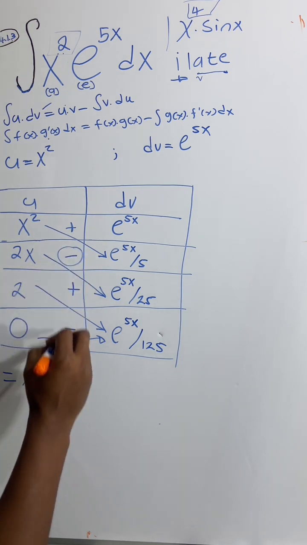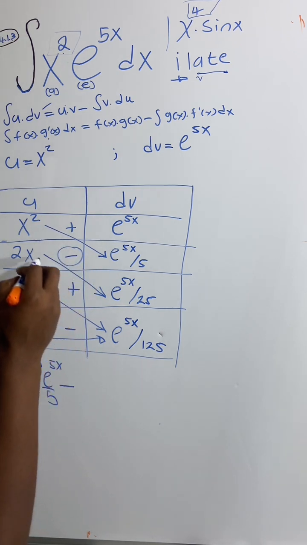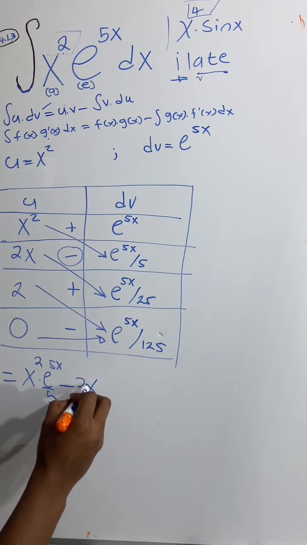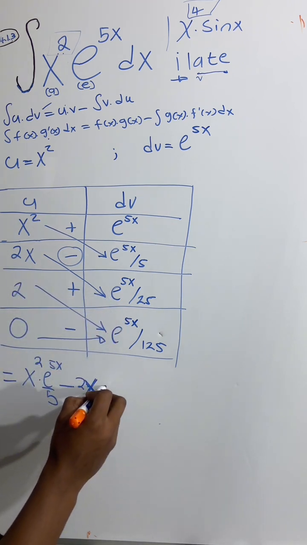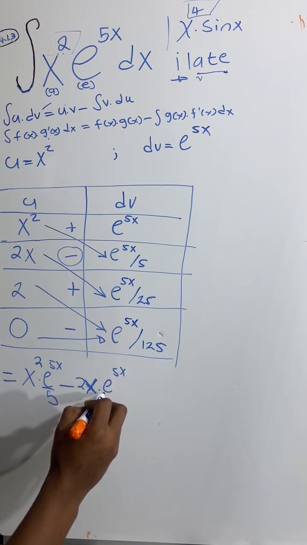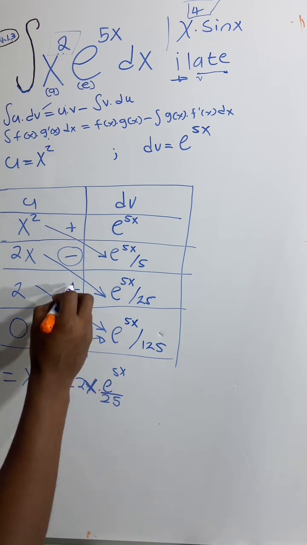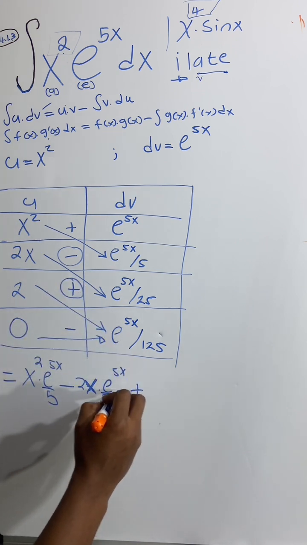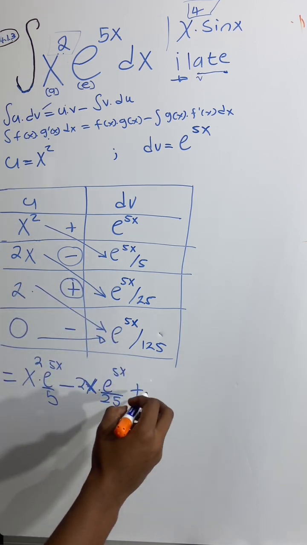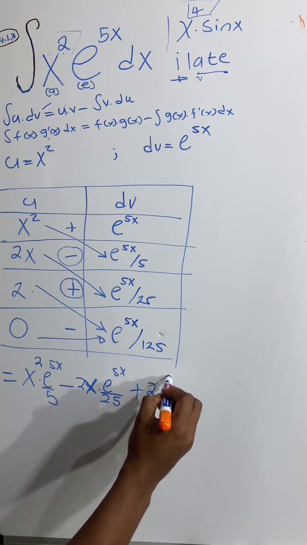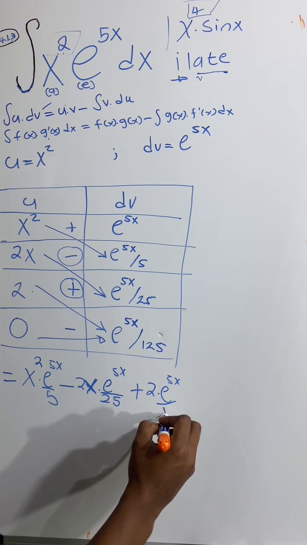We take this sign, we put it here, and then we are crossing again. 2x multiplied by e to the power 5x over 25. We take this sign, we put it there. 2 multiplied by e to the power 5x over 125.